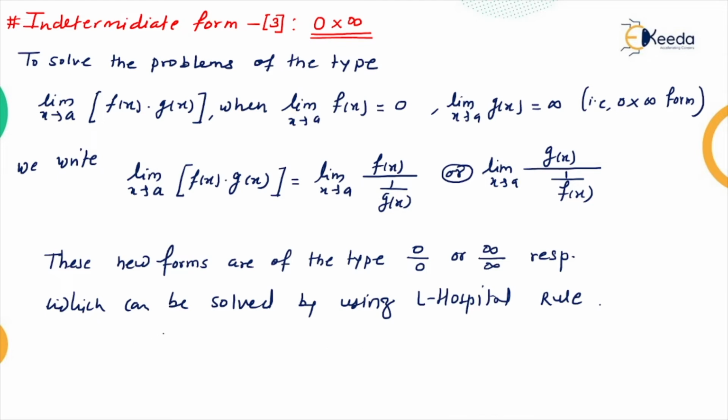Understand it? Let me start examples on these forms, example on type number third: example on type 0 into infinity. Now let us take the first example.